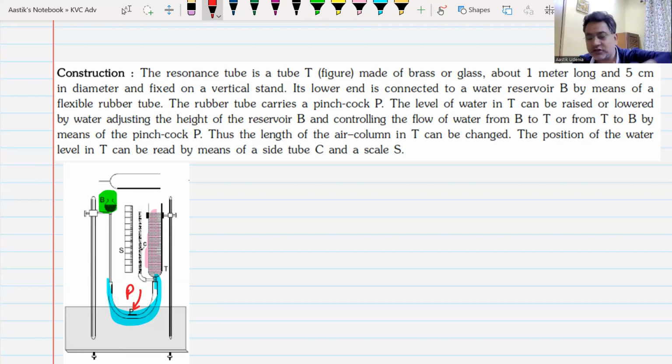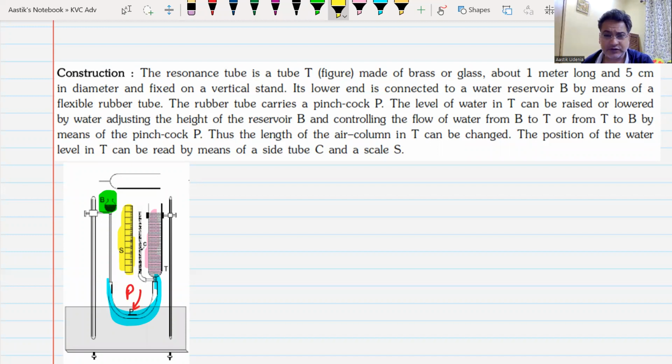You can change the water level in the resonance tube. Yes or no? This yellow thing is nothing but a scale, so you can read what is the level of water. That's the apparatus which is known as your resonance tube.